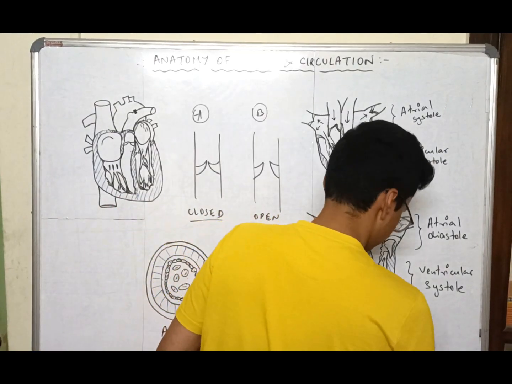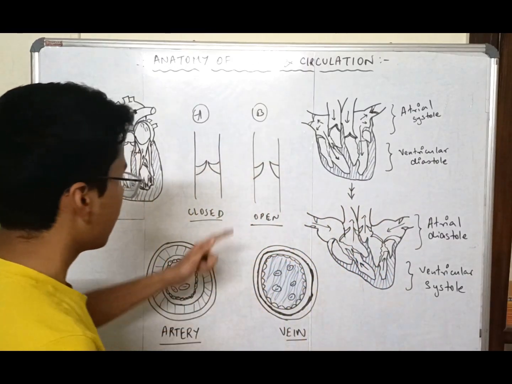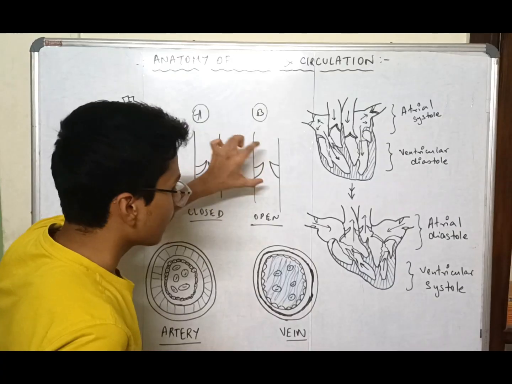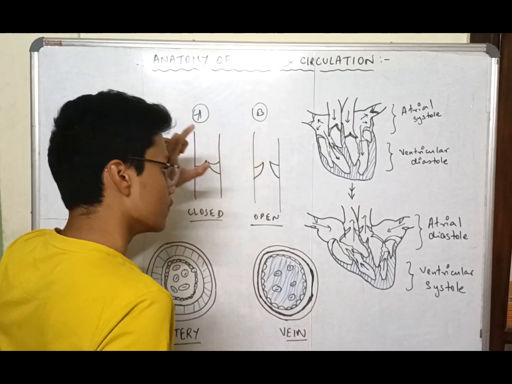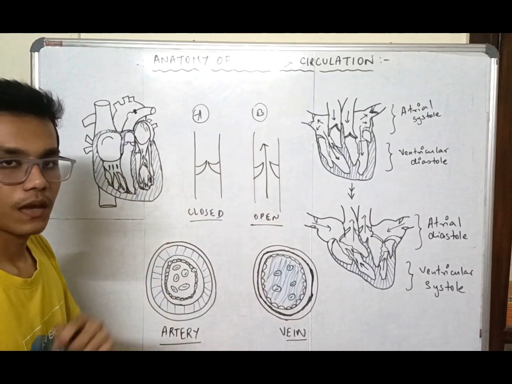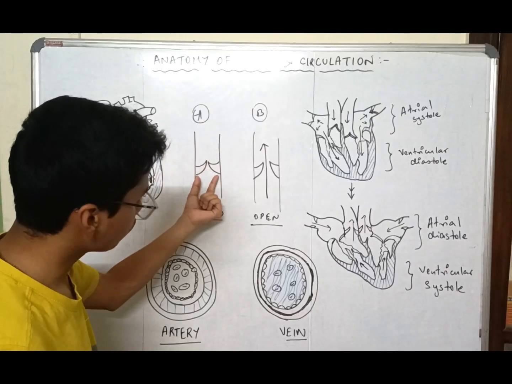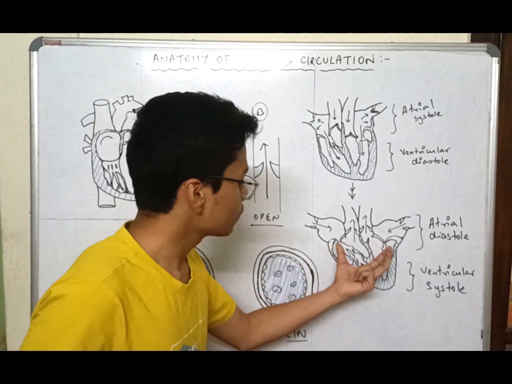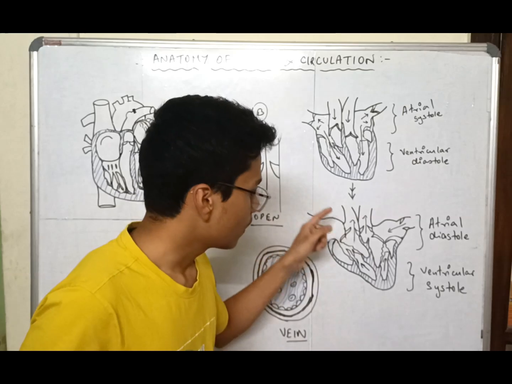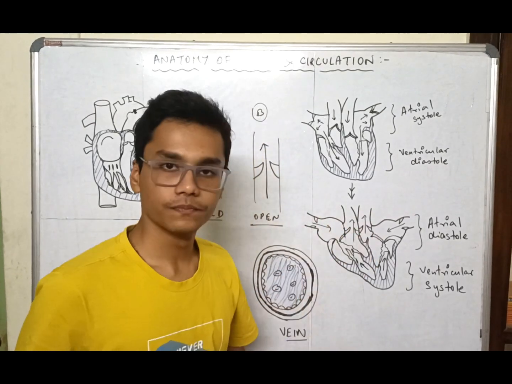So from that case, what we can conclude is that the flow of the fluid, in this case blood, will only flow from point A to point B. In the same situation, imagine the valve being closed and the heart contracting: these two valves will be open, and these two valves will be closed.